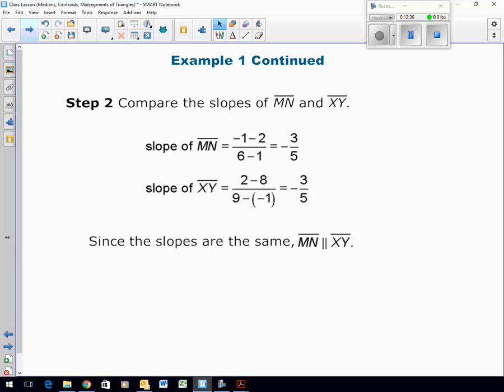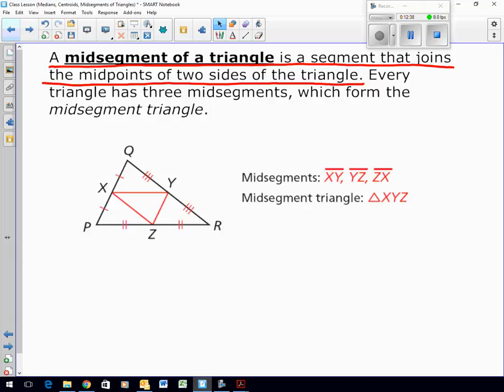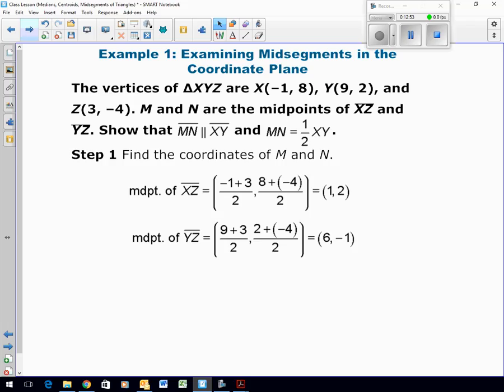Then we would get to the slopes. Notice my slope for XY is going to be the same as the slope for PR. That's why they are parallel. They have the same slope. Same thing for YZ and QP, and XZ and QR.